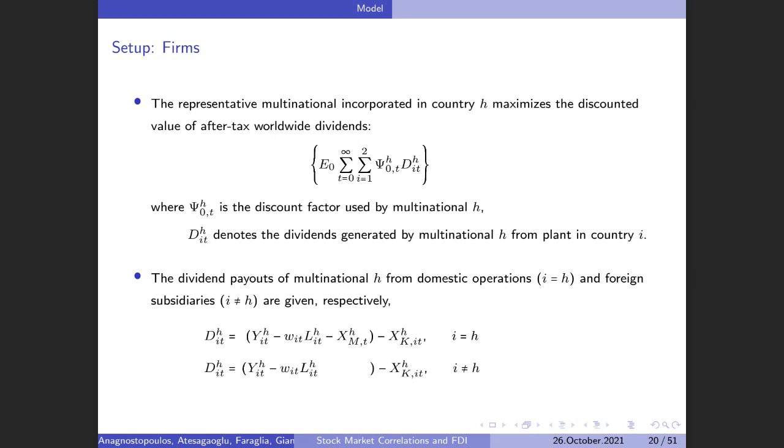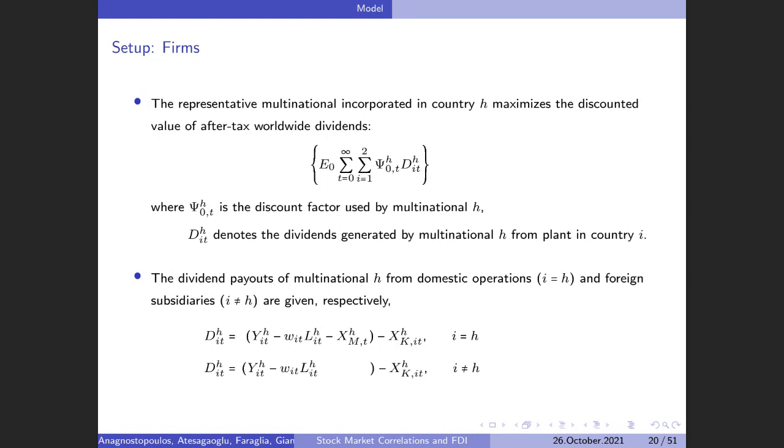So I will sum them up, and then I will discount to today all the dividend distributions that I expect from today to infinity. And this is the discount factor that comes from the household's maximization problem, actually. And what do the dividend distributions of the home plant and the away plant look like?